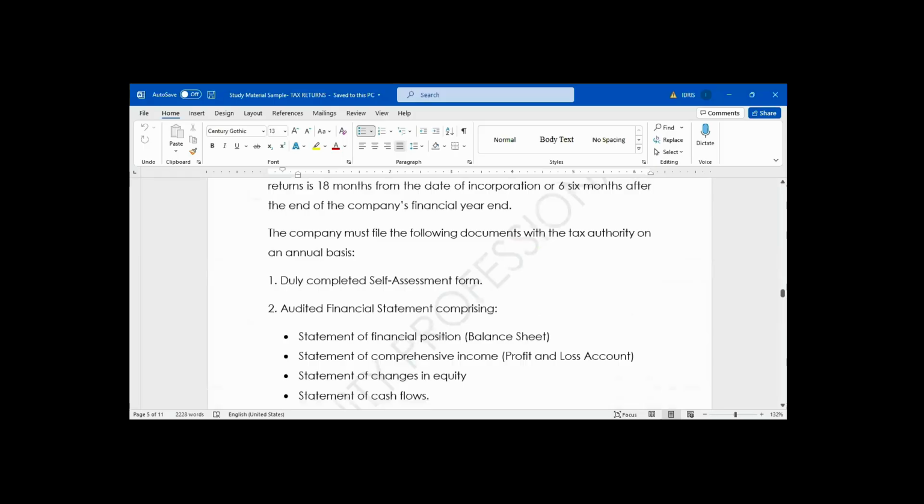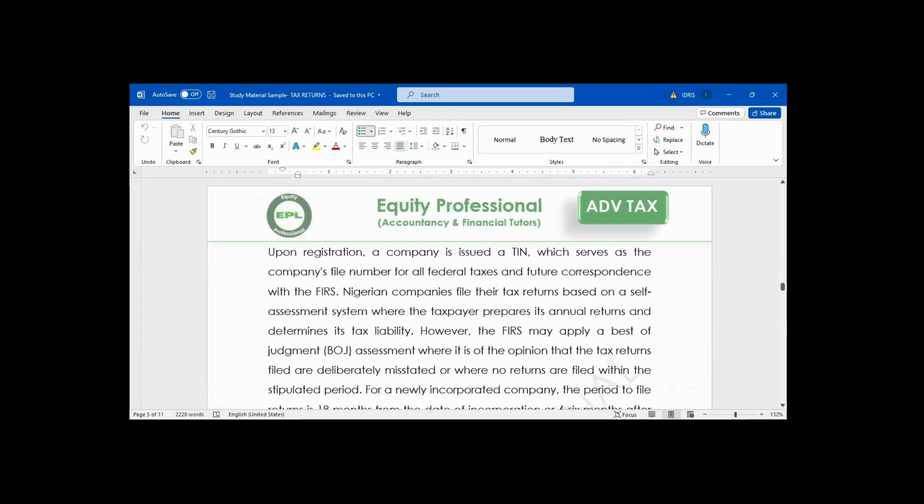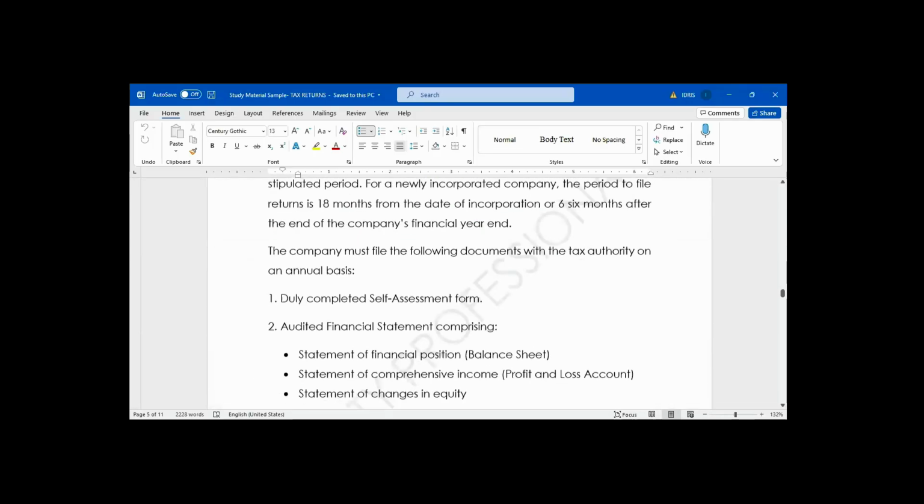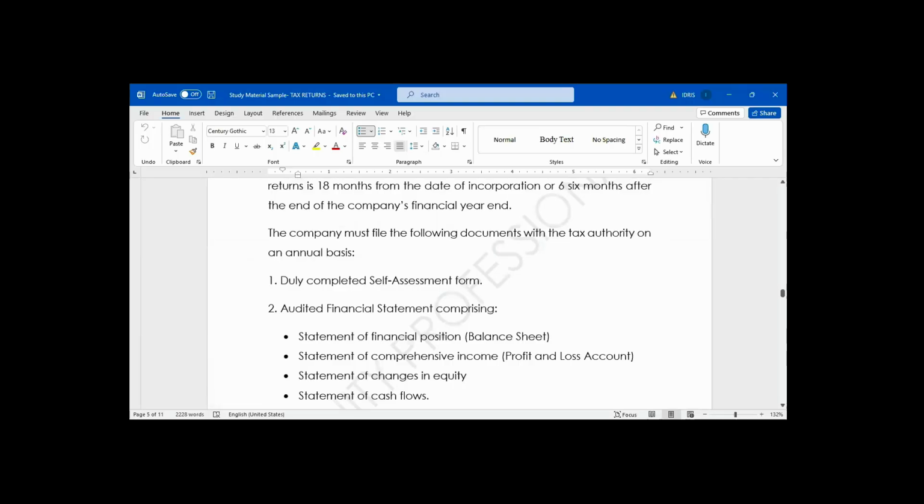Now, what are the contents of company income tax return? If a company wants to file company income tax return, what are the contents? One of the contents is a duly completed self-assessment form.